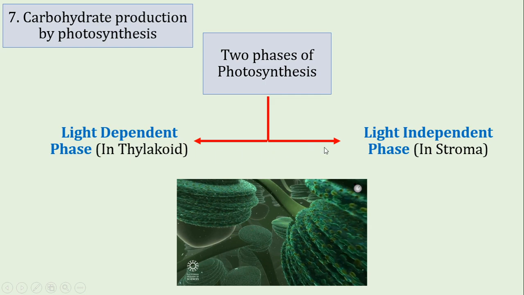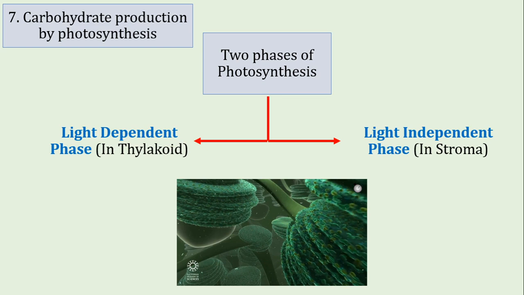The later chemical reactions after the light dependent phase don't require the presence of light energy, and to perform these steps the light energy from the sun is not used.